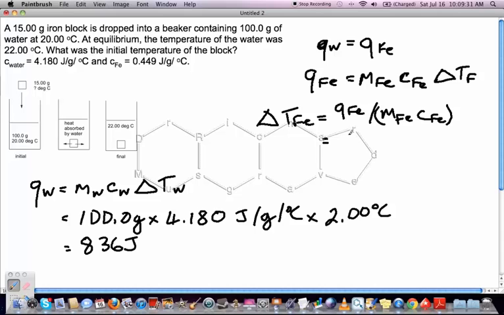Now the Q is 836 joules. The mass is 15.00 grams. And the heat capacity is 0.449 joules per gram per degree Celsius.